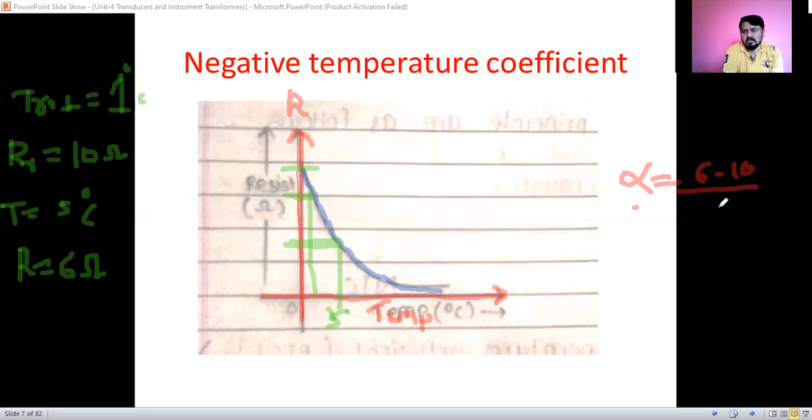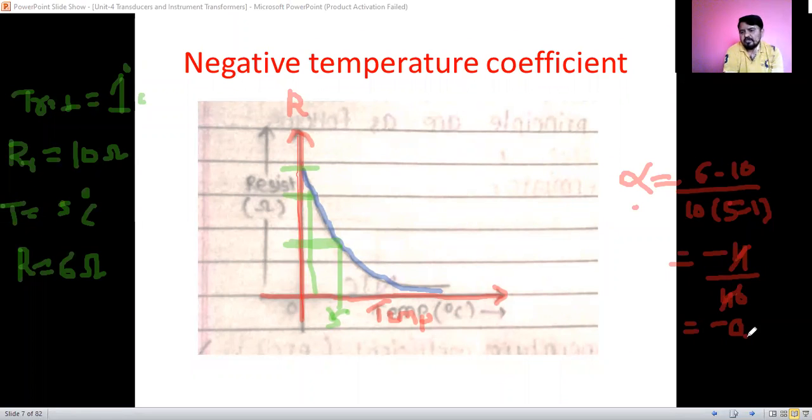Divided by the reference, which is 10, and T minus T reference: T is 5, reference is 1. So minus 4 divided by 4 into 10, that is 40. So minus 4 by 40 is nothing but minus 0.1.